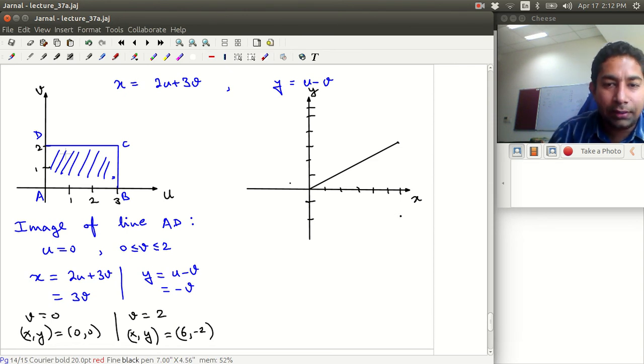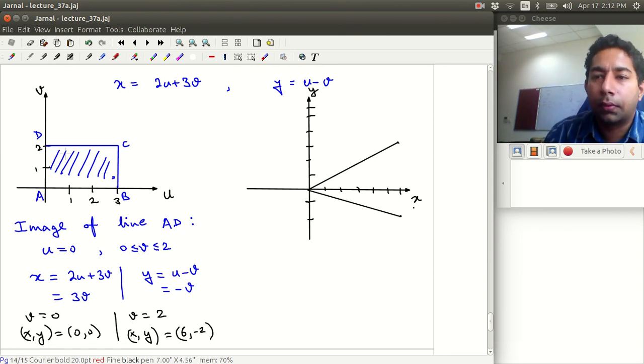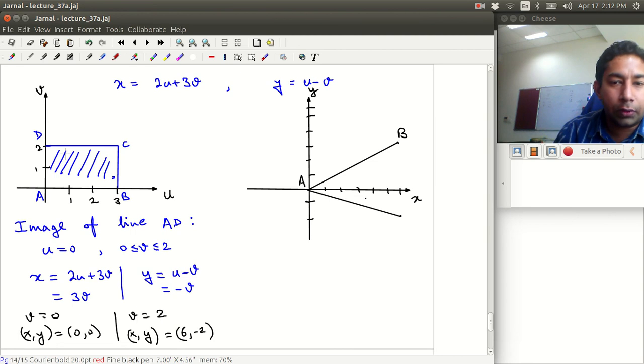Okay, so the image of the line AD, I believe, would be this. Okay, so let's keep labeling the points in xy coordinates the same as in the uv coordinates. So that point is A in the xy coordinate, that point was B, and this point is D in the xy coordinate.